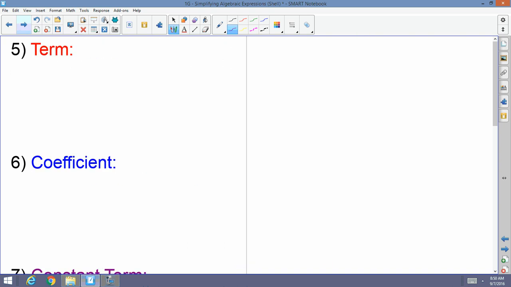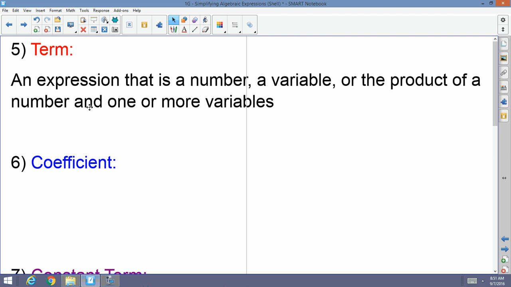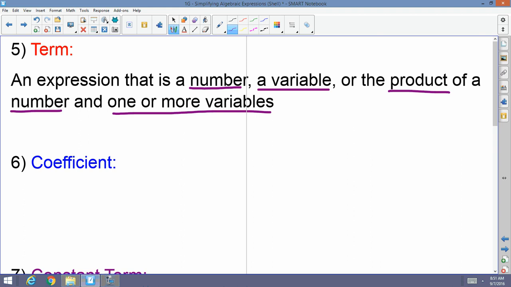Okay, number 5, a term. Very important, probably the most important vocabulary word of the day. A term is an expression that is a number, a variable, or the product of a number and one or more variables.